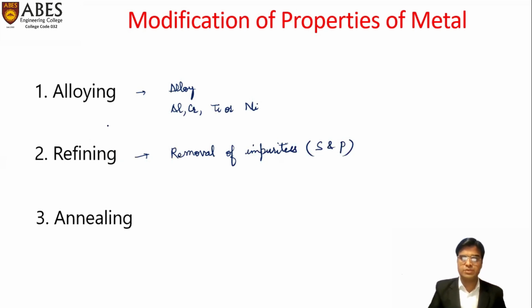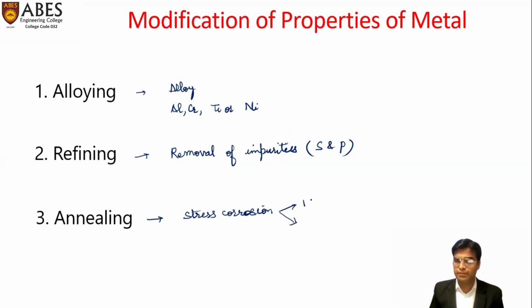The third approach is annealing. We have studied about stress corrosion, and during the discussion on stress corrosion, we discussed that for the stress corrosion to occur, we need mechanical stress, or we can say the residual stress in the metal object and corroding environment.